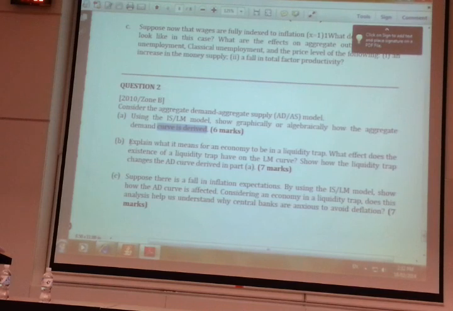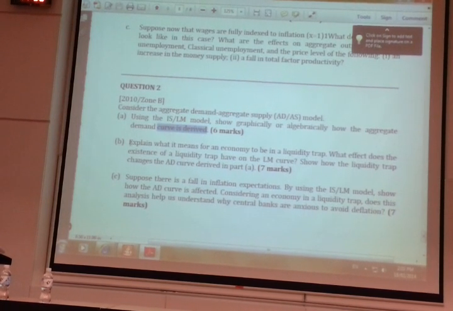ADAS, will it come up for section B? Yes. But is it worth attempting? It depends. You have to compare with your consumption topic and your open economy topic. But you never see yourself doing IS-LM open economy with ADAS. You will never see that happen. If you do that, that is the worst choice of questions for section B.